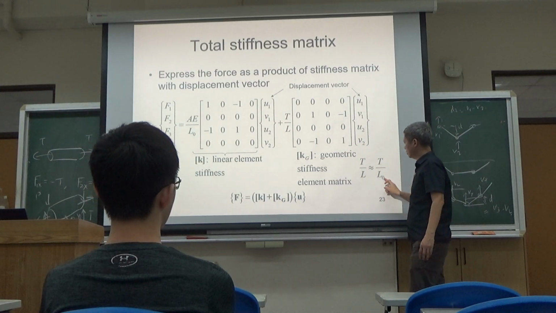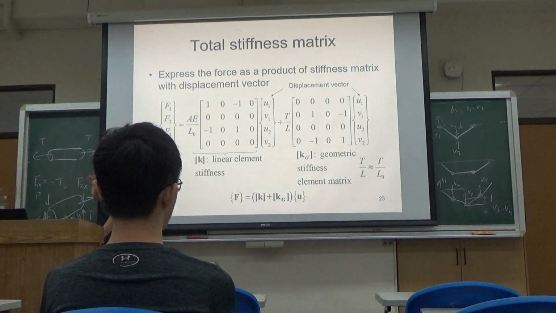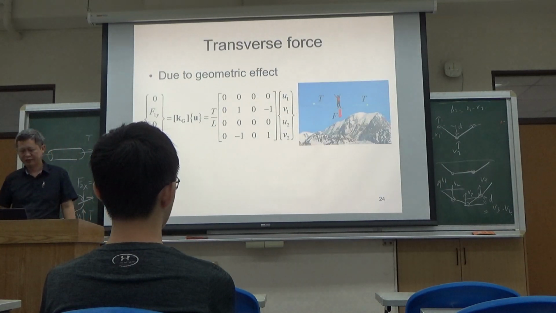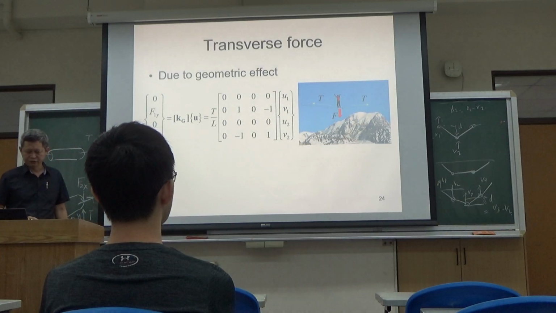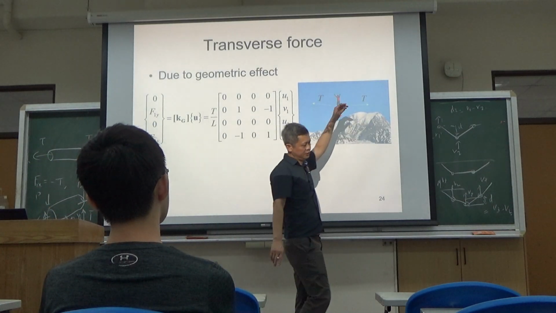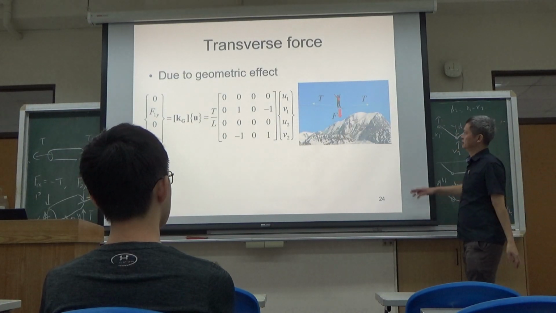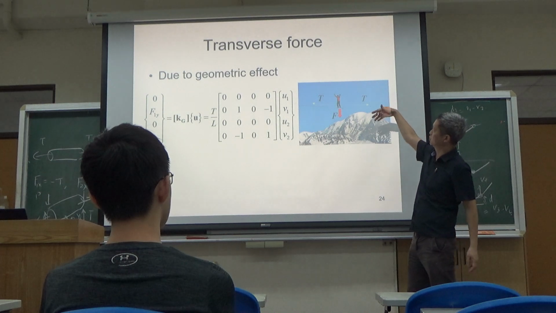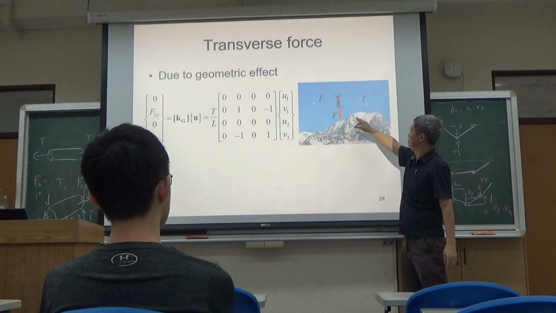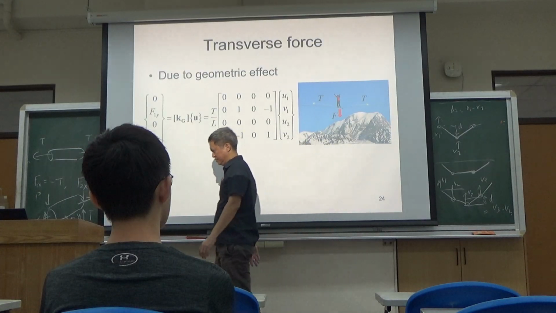So T over L0 is now becoming pre-stress stiffness. 好，所以看到没有？你如果到时候要去解题，这个老兄站在这个蓝线上，那请问支撑它的这个张力有多少？So now you can go and calculate how much is the difference. Okay, find out the tension.